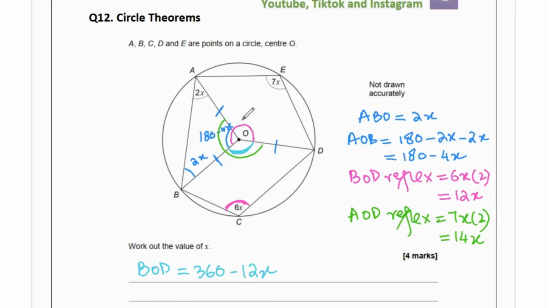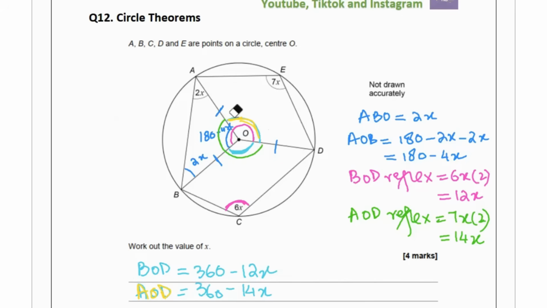And similarly, this one is going to be AOD, not reflex, 360 minus 14x. So all of these add up to the blue angle, the yellow angle, and this green angle.